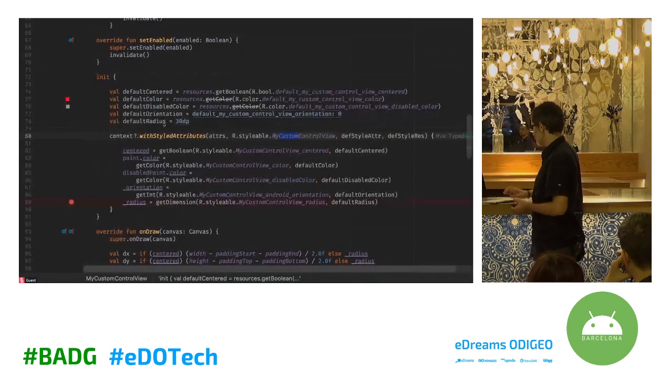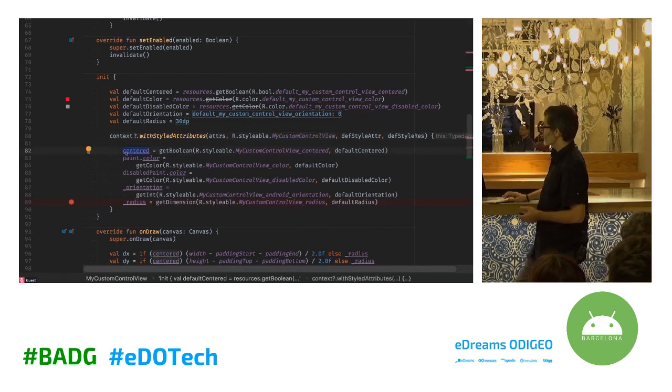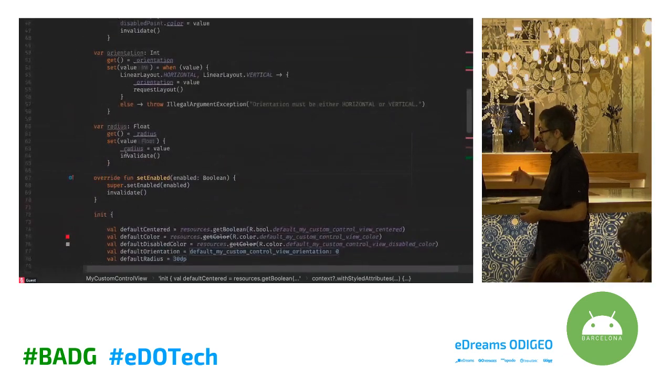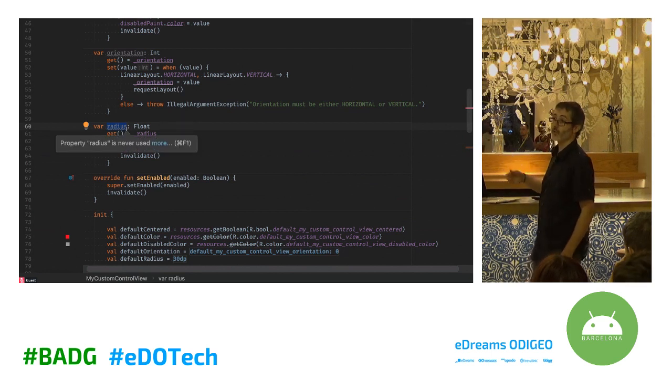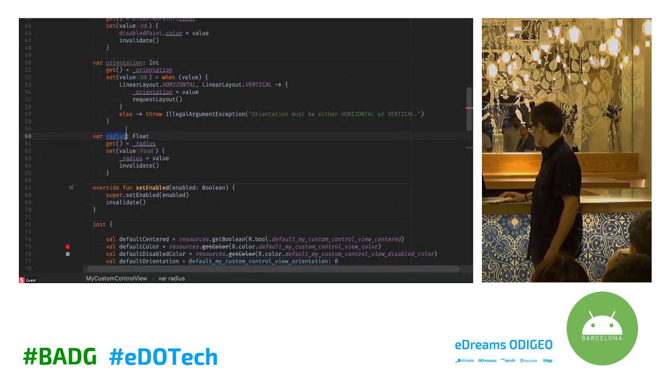So what I'm doing here is getting a typed array, which in this case is get Boolean, and the different attributes that I have. So I'm basically initializing the state of my control. And here I have defined all the different parameters as properties. So from outside the control, I can manipulate these properties.